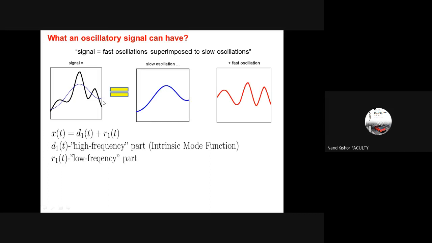So a signal can have a superimposition of a high frequency component, which is oscillating at a much higher frequency, and some low frequency component which is a slow oscillation. And then again, there could be some more superimposition of the signal between the slow and the fast.